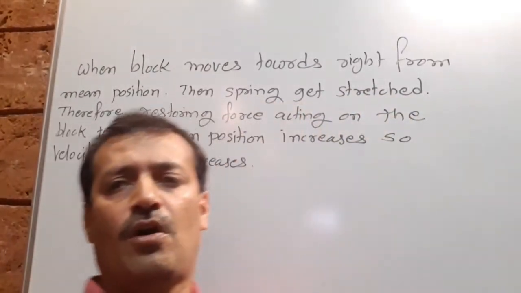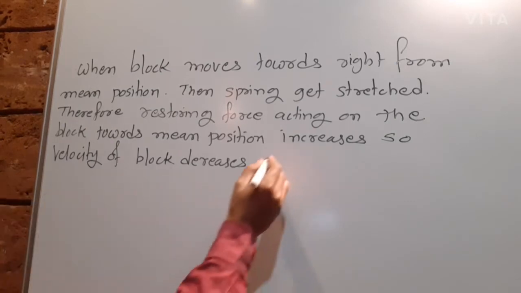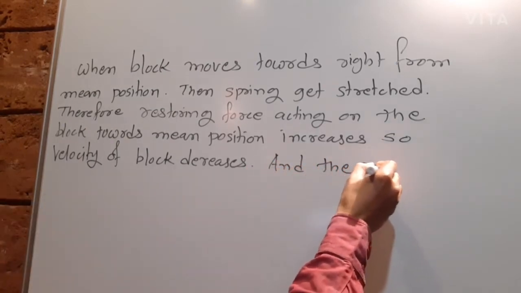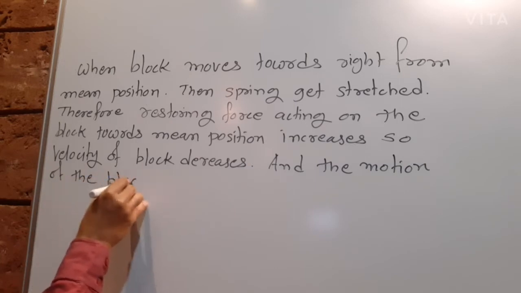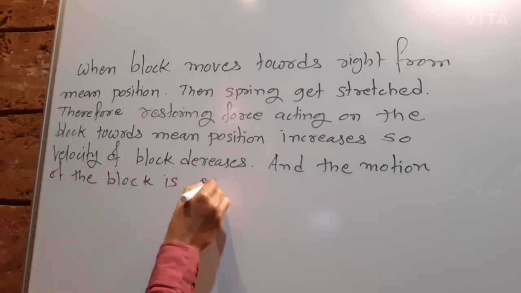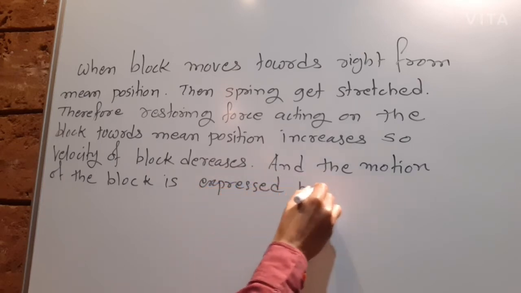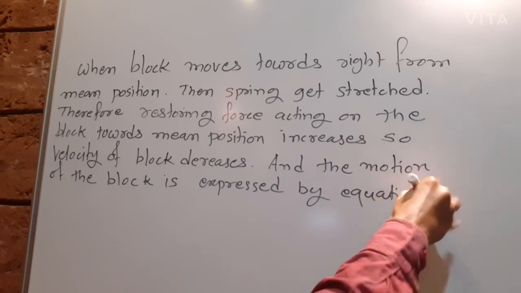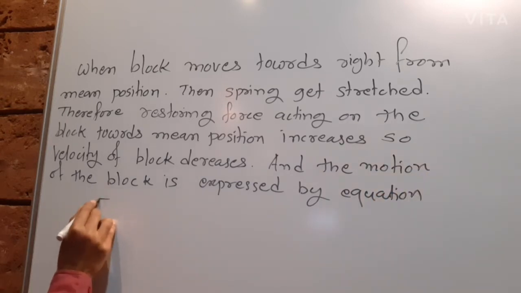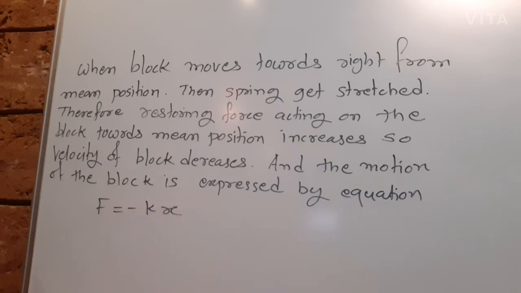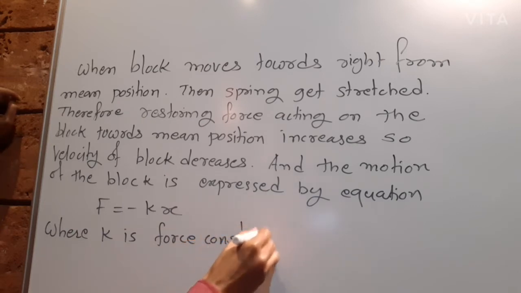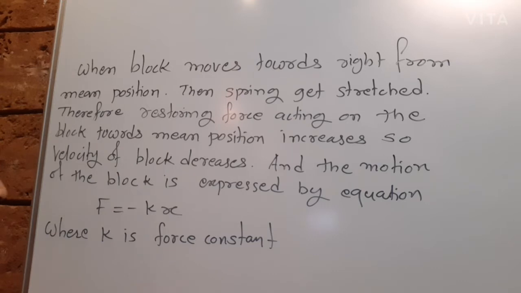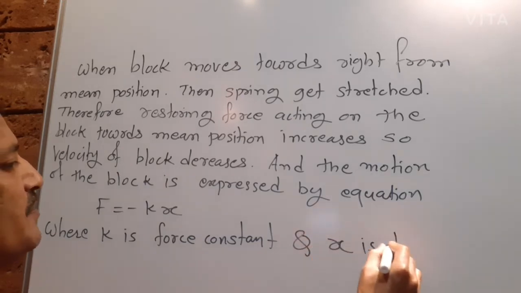Therefore, the motion of the block is expressed by equation F is equal to minus kx, where k is force constant, or force per unit displacement, and x is displacement.